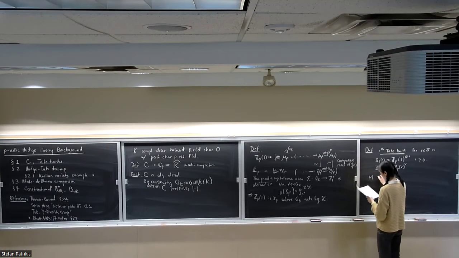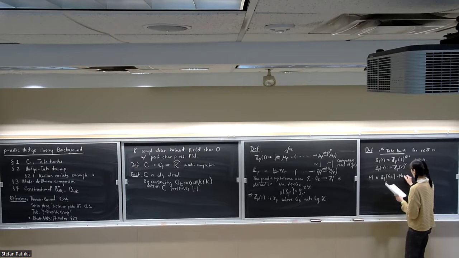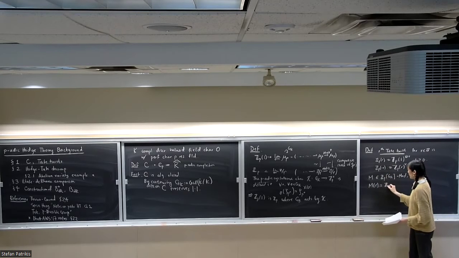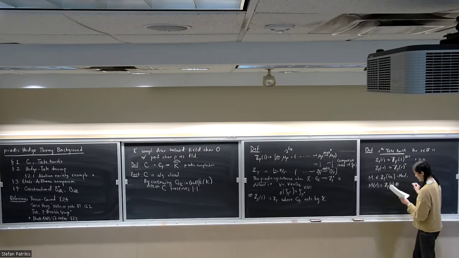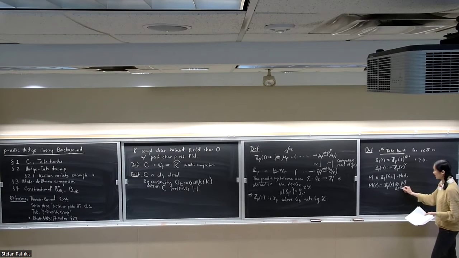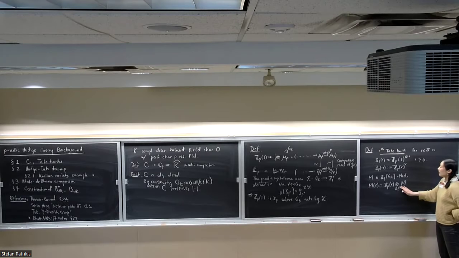And also, if you had a representation M of G_K, you can also define the Tate twist of M just by tensoring with Z_p(r). So it's the same underlying module structure, but just with a modified G_K action.